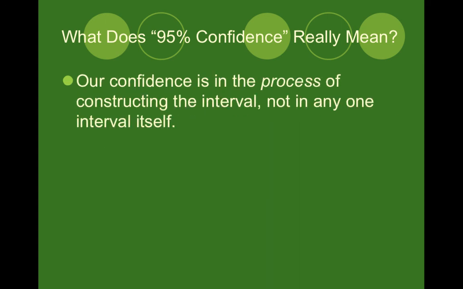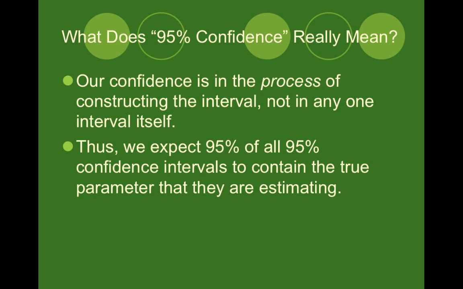What this is really saying is that our confidence is in the process of constructing the interval, not in any one interval itself. We're 95% confident that our process worked, not necessarily that the actual value is in that particular interval. Thus, we expect that about 95% of all 95% confidence intervals to contain the true parameter that they're estimating.